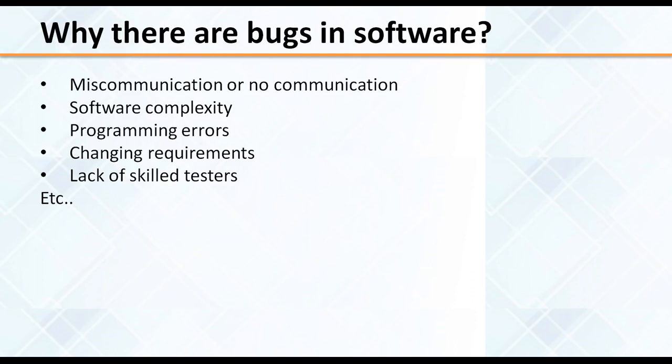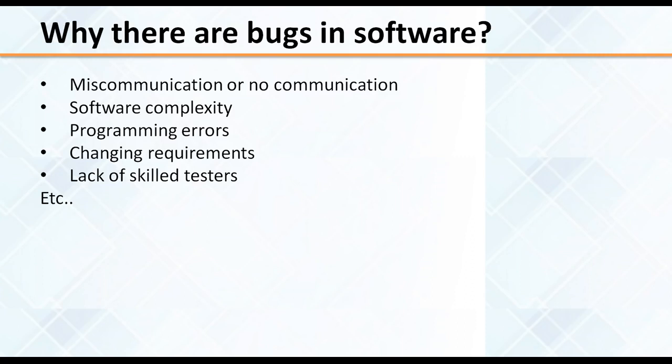So developing individual components and then integrating those components takes a lot of time and effort and n number of people working on the project. Because of this complexity also, we may miss something in the software.